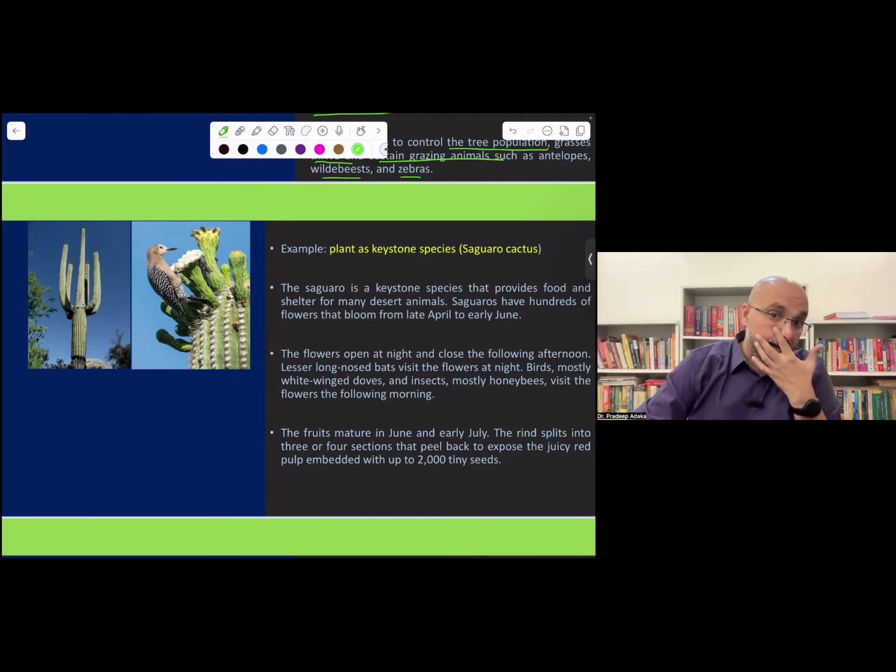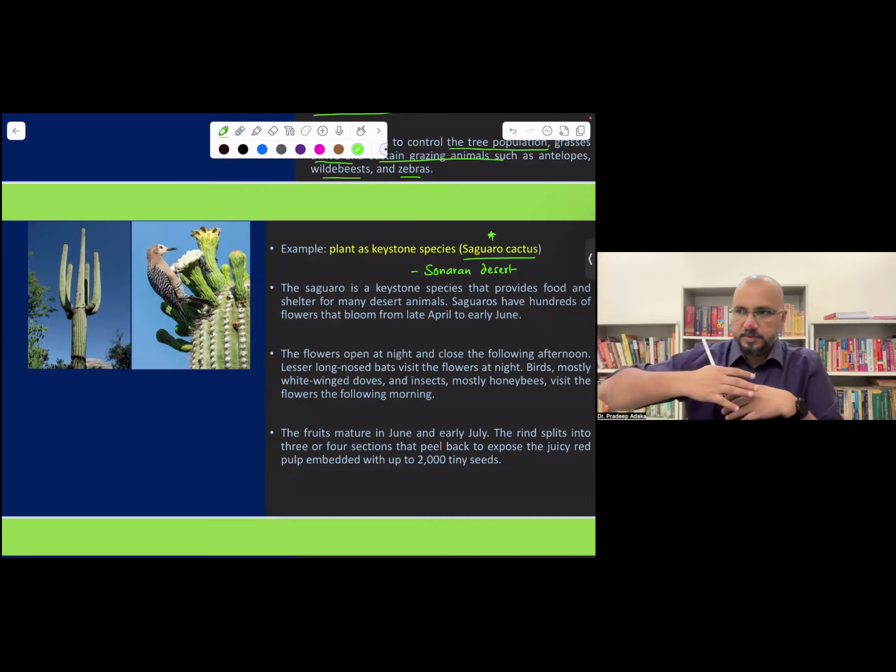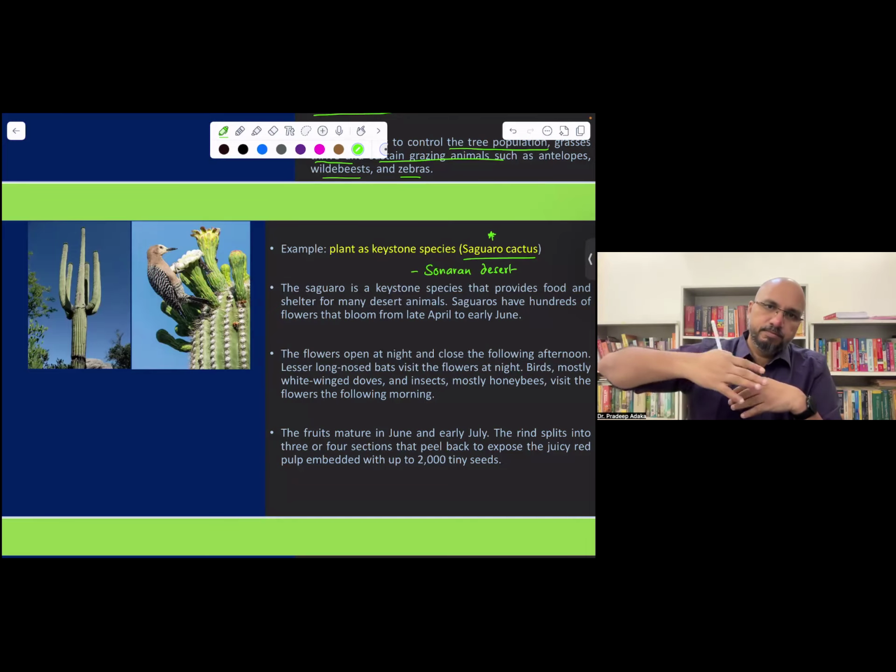Now, plant as a keystone species. So you can see here, example here is saguaro cactus. So saguaro cactus, it is a very common plant in the Sonoran Desert of Mexico. It extends from northern Mexico into the southern parts of United States.